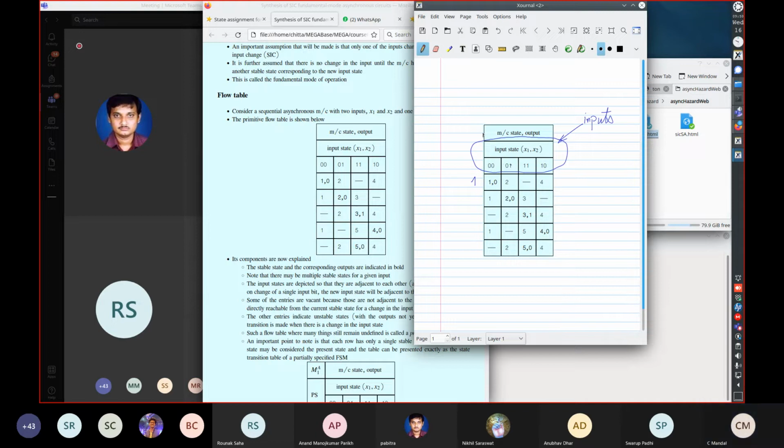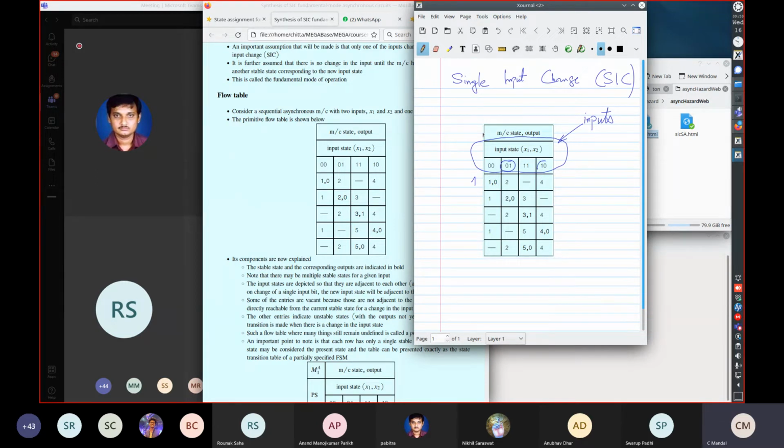Now you allow a single input change. This is SIC, single input change. So only one of your bits can change.